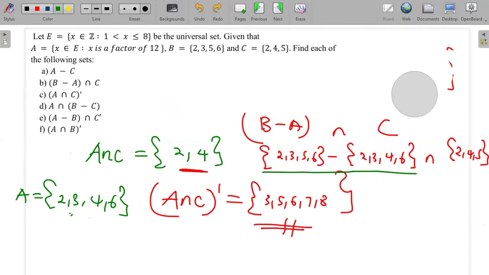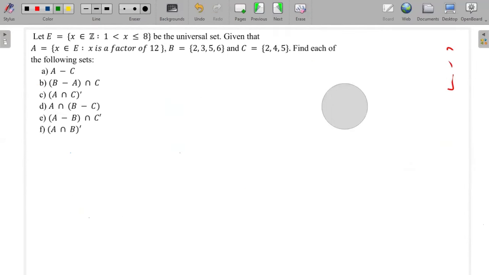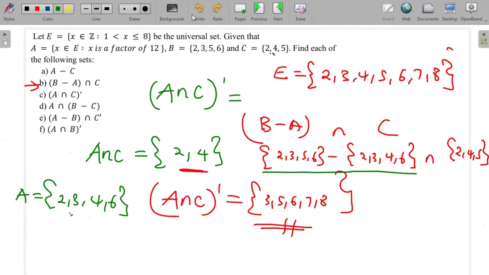Okay, so the next question. I have a question. For the answer for the complement of A intersection C, you've included the 6, which is part of set A. How come? Let me see.